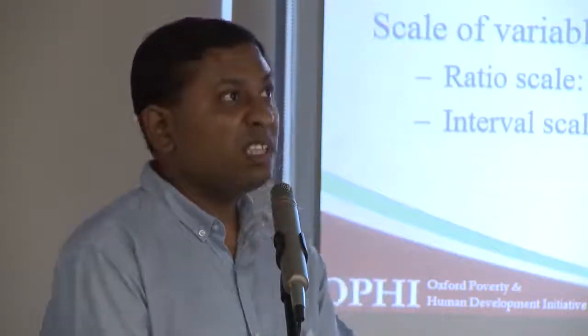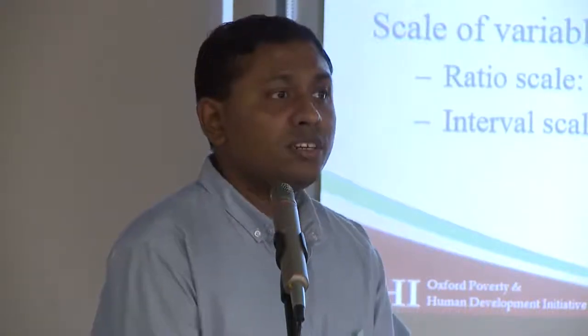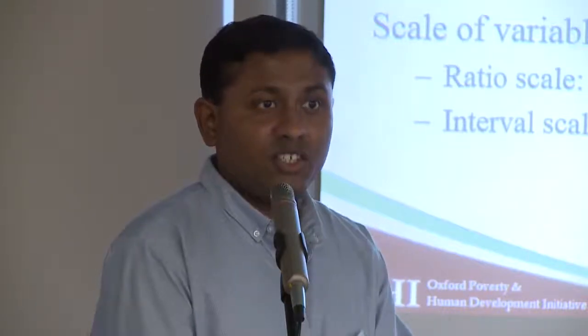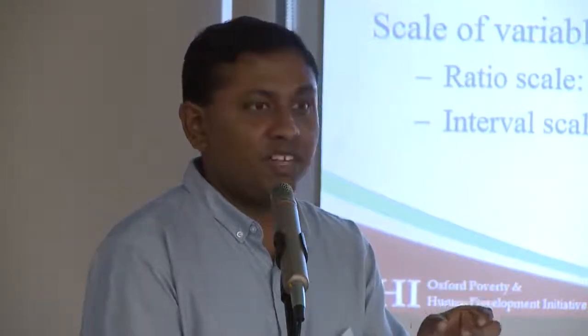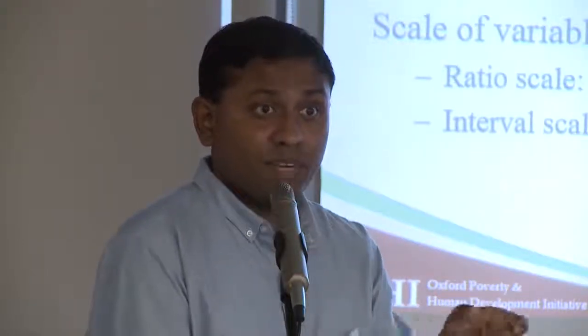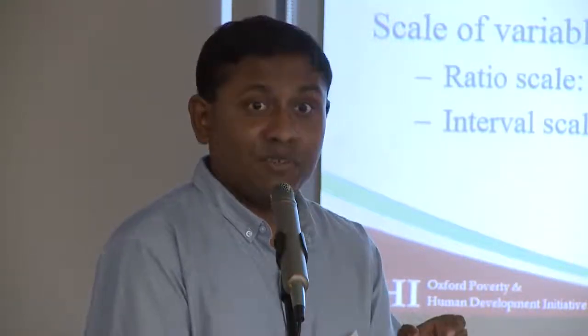One example is conversion from Fahrenheit to centigrade. You know the difference between 5 degrees centigrade and 7 degrees centigrade, and 7 degrees centigrade and 9 degrees centigrade, is the same. But when you convert it to Fahrenheit, the same difference doesn't hold.